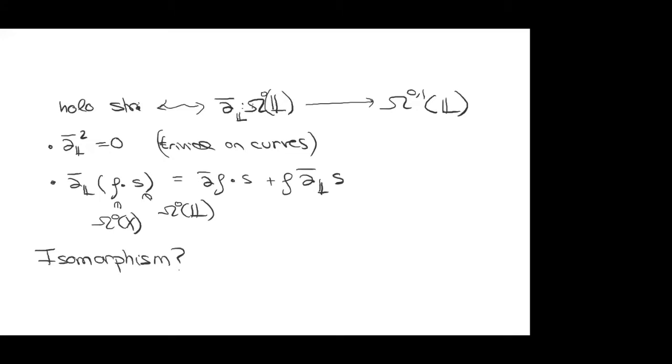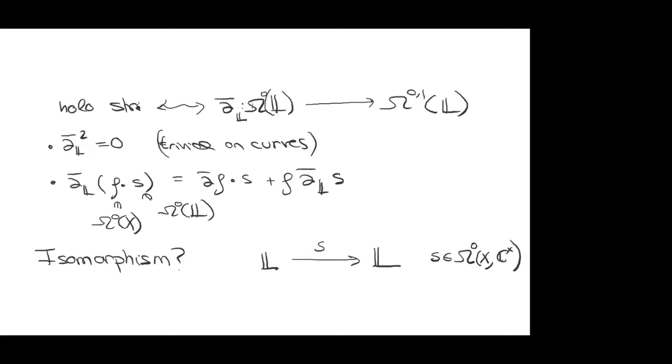An isomorphism is going to be given by an automorphism of the line bundle. Let's call it S. So S is going to be a map from the curve to C star simply, right?